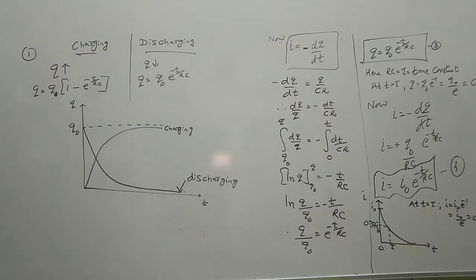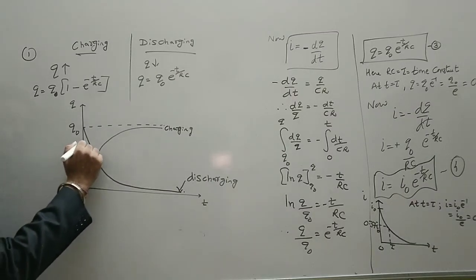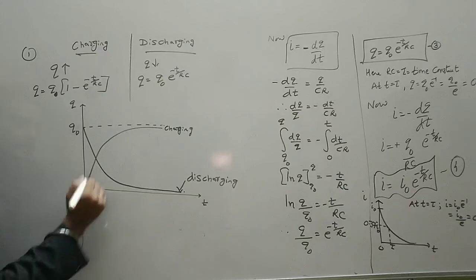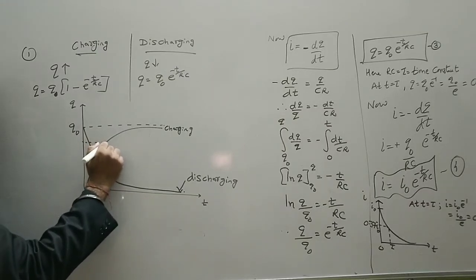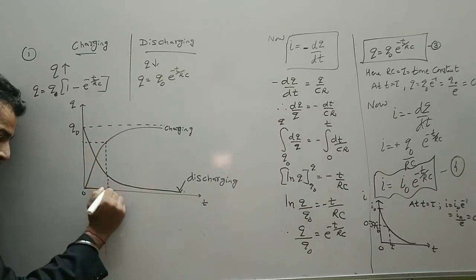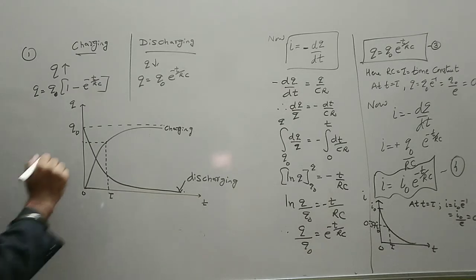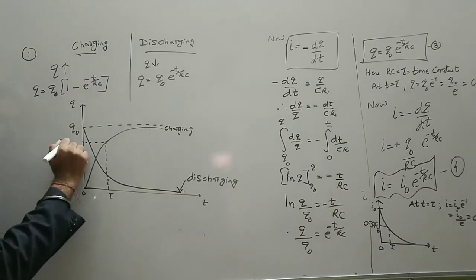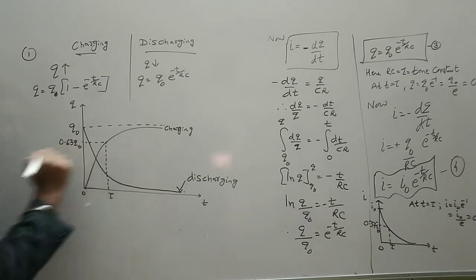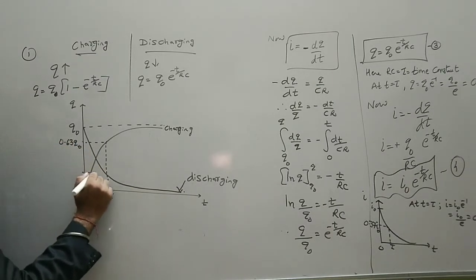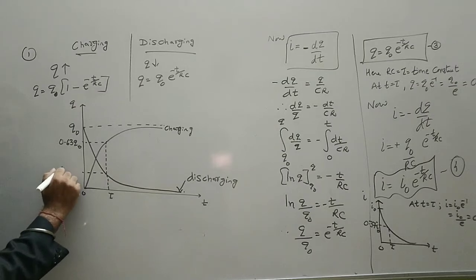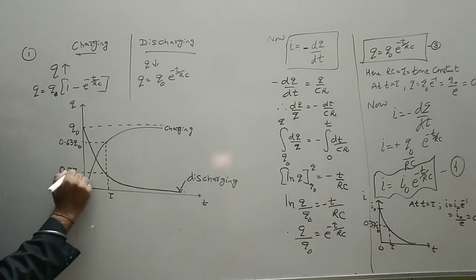Now let us see at time tau. If we consider any time tau, suppose I consider this time as tau. So during the charging, this value comes out to be 0.63 Q naught, and this value during the discharging comes out to be 0.37 Q naught.